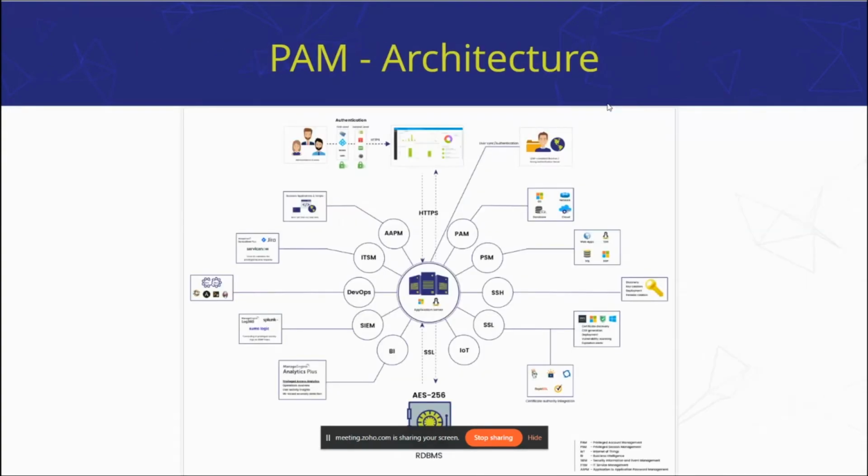And so in this screen, you can just see a high level architecture of what we currently have. So we've got integration with Analytics Plus, which is another ManageEngine product. It has its own deep learning and machine learning engine. So all the raw audits of our PAM are going to be forwarded to Analytics Plus, which then processes that information.